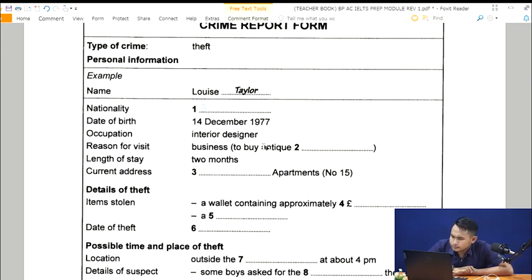Okay, now in number 3 itself, what's the clue? The clue is current address. If you talk about address, possibly a street, possibly a name of a building, and in this case it's possibly the name of a building because they mentioned apartments here and there's a number as well. So they are not going to have a double answer.